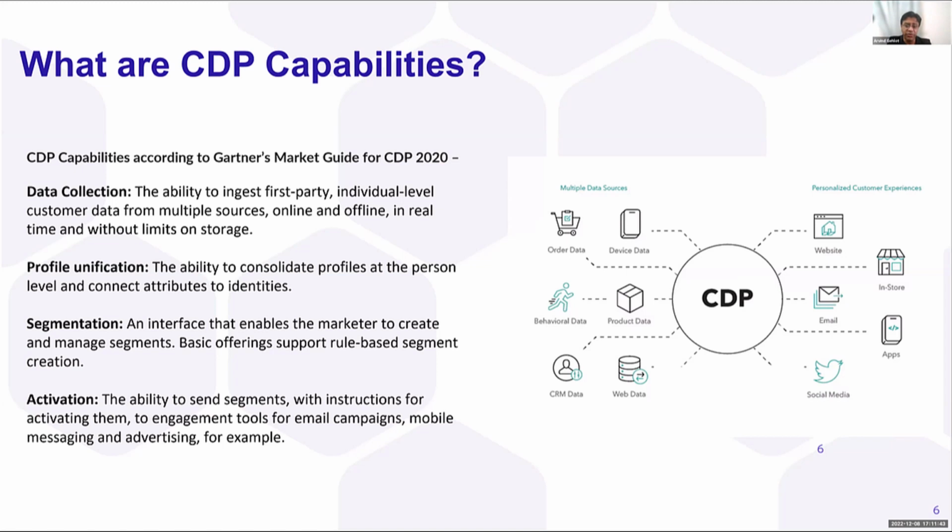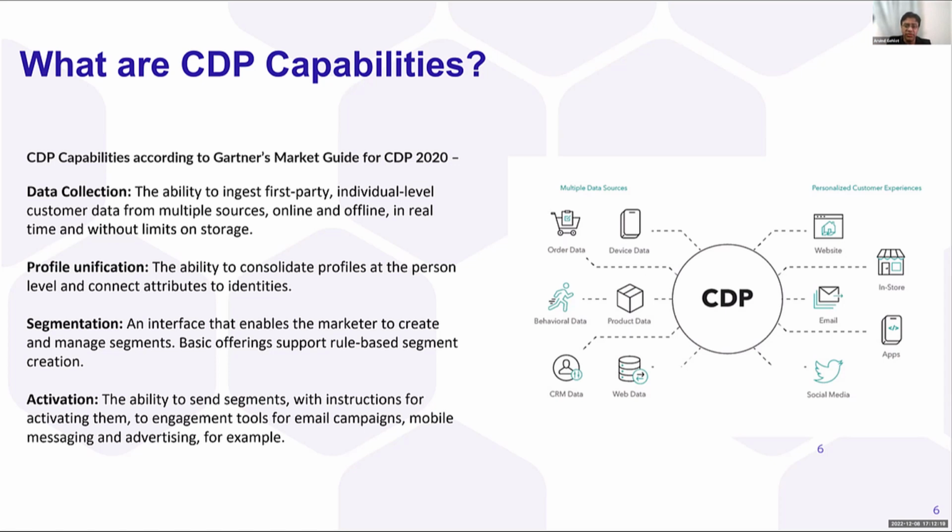Second is profile unification, the ability to consolidate profiles at the person level and connect attributes to identity, to provide a 360-degree view. The third one is segmentation that we discussed recently. And the fourth one is activation, where once we have identified the segments, we can sync them to various other channels and systems for further activation.